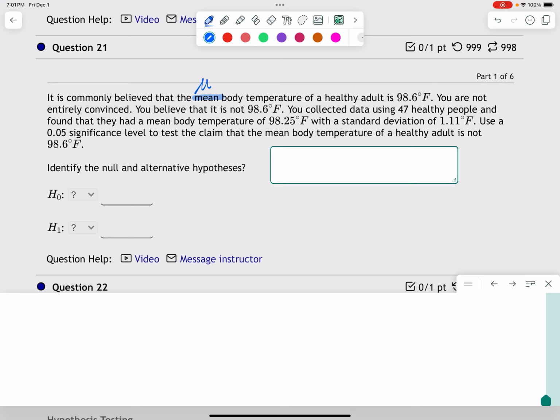Use a 5% significance level, or 0.05, to test the claim that the mean body temperature of a healthy adult is not 98.6. So we need to state our claim first. Our claim is right here.